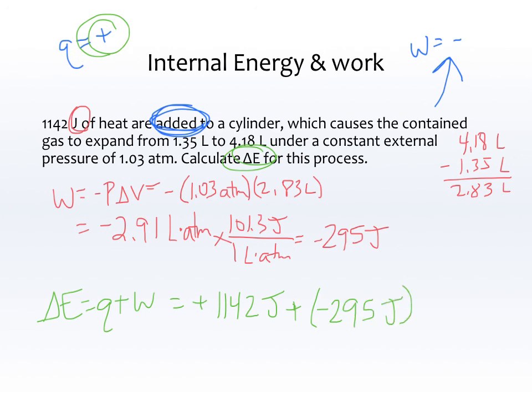So positive 1142 plus negative 295 gives me positive 847 joules. And that's my delta E for this process. So overall, the energy is added to the system, even though some work is done on the surroundings by the gas expanding.